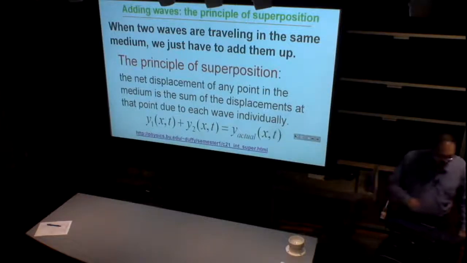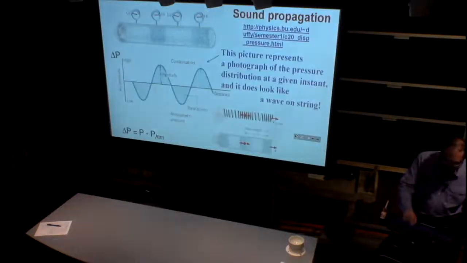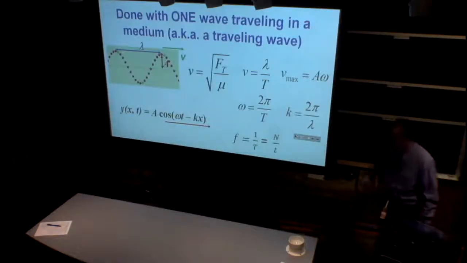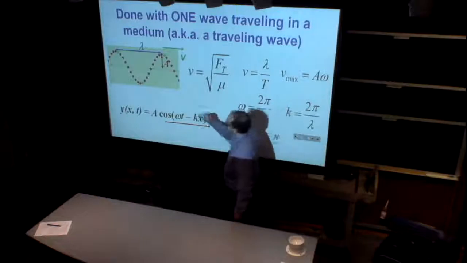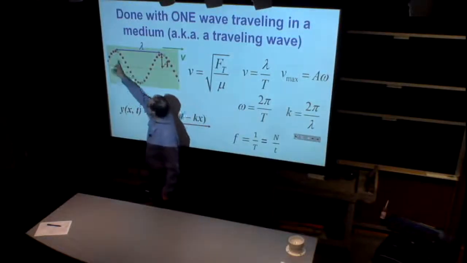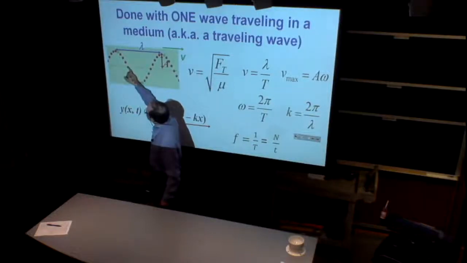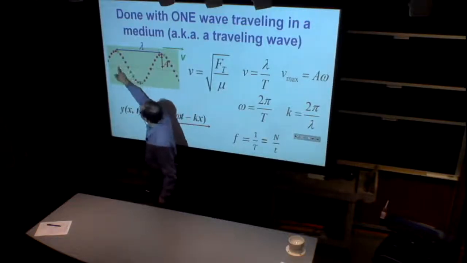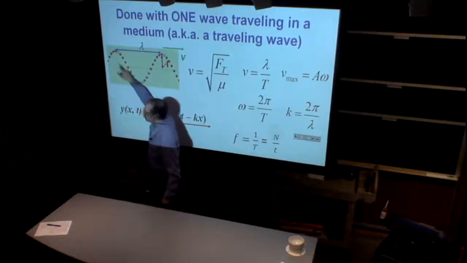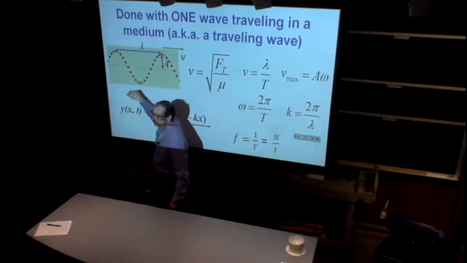Because the displacement could be up, could be down, could be zero, and relative to our standard choice of positive y direction, this vector has a positive component, this vector has a negative component.